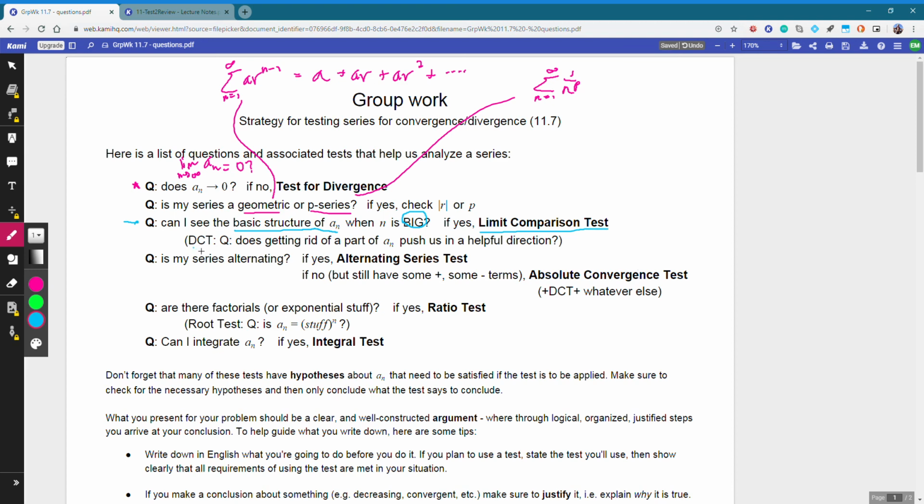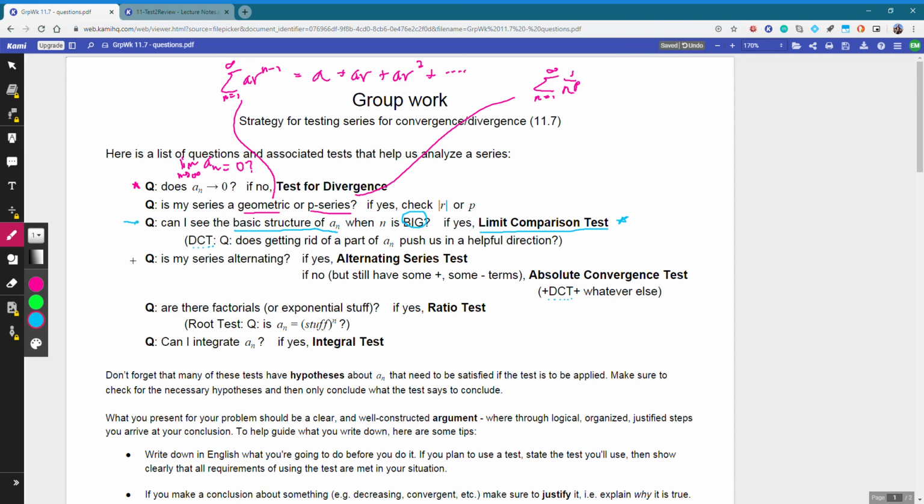The direct comparison test, I would say to shy away from in general, unless we're using it as part of an absolute convergence test. With the direct comparison test, we need to be real careful about how our function changes, whether we're getting bigger or smaller with each piece that we're getting rid of. And at the end of the day, if you get a comparison series that's bigger and that thing diverges, then you don't know anything. It's the wrong direction. And so it can fail in two ways. The limit comparison test is a more versatile test that I think we should focus on.